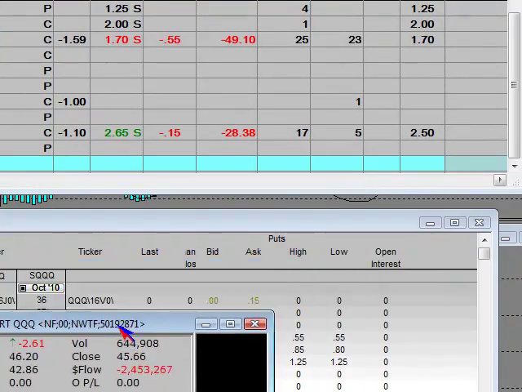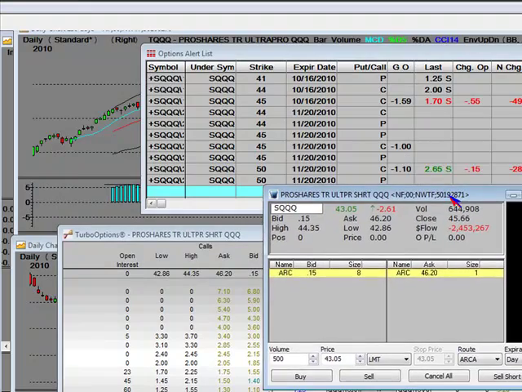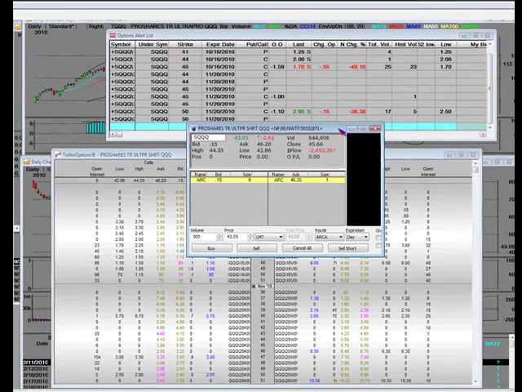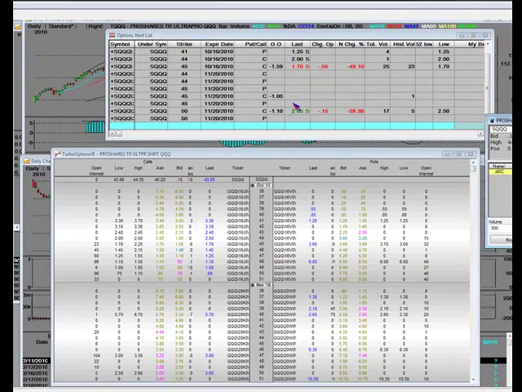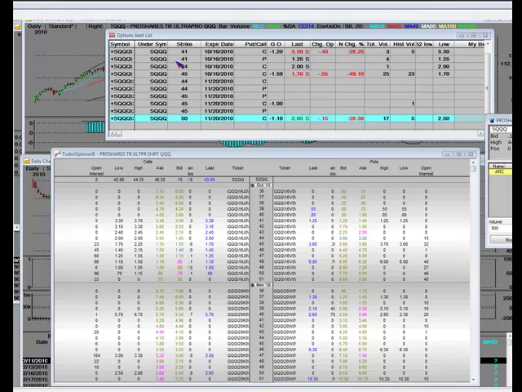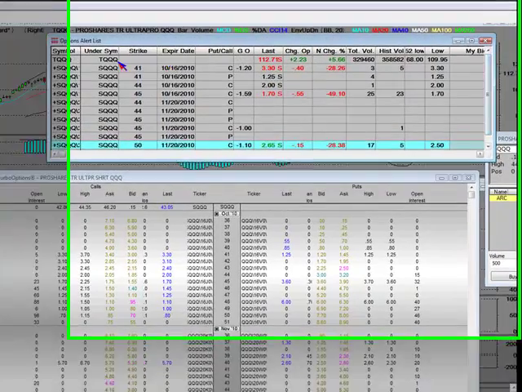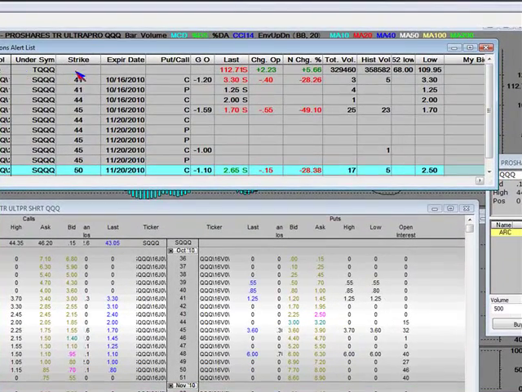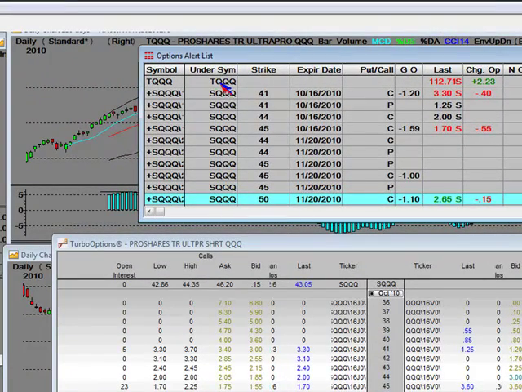on the put side. And what I'm also going to do is move this out of the way, and in the very same market minder, I'm going to grab the TQQQ right here. That TQQQ is the opposite side of the SQQQ.